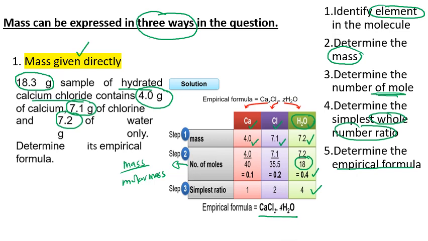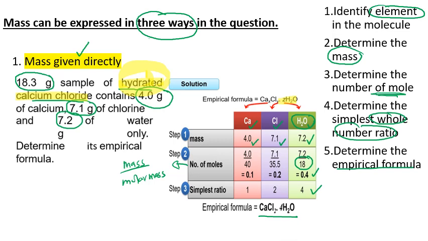Okay, so what I would like to highlight here is the term hydrated calcium chloride. Basically, next time when you see a question with the term hydrated, it means that you will have a dot like here, and then ZH2O. Z here means that it can be any whole number.